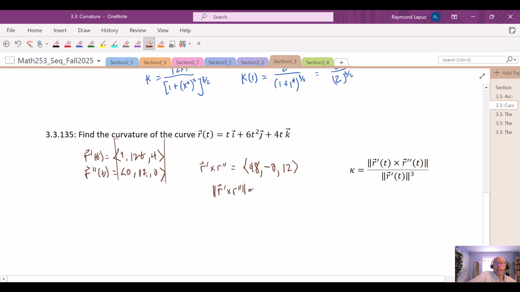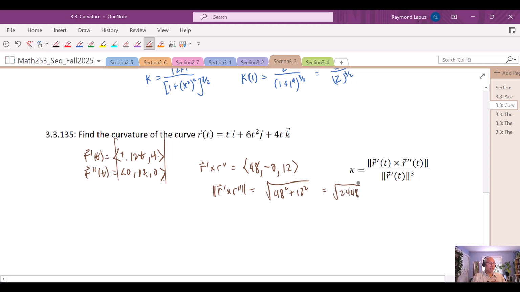is going to be 48 squared plus 12 squared under square root. That seems kind of difficult to do by hand in my head, so I'm going to punch that in my calculator. 48 squared plus 12 squared is 2448.